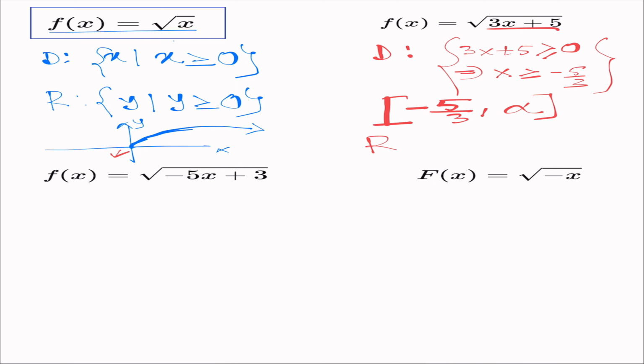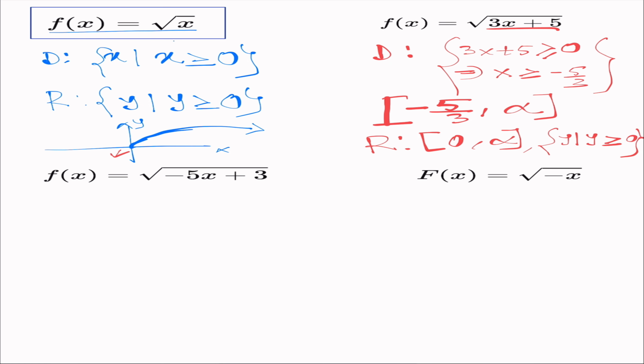And for the range, remember that the range cannot be less than 0, right? So in interval notation, it's going to be 0 to infinity. And in set builder notation, it's just all the real numbers, so y has to be more than or equal to 0.